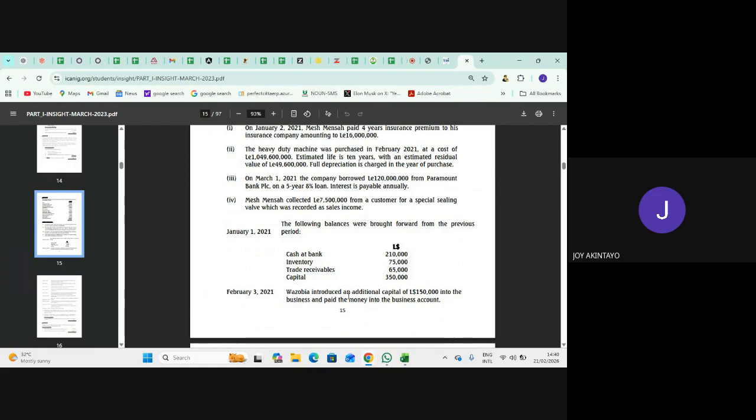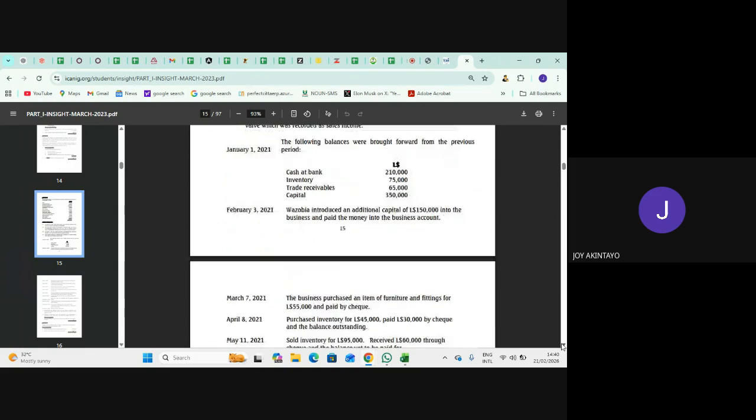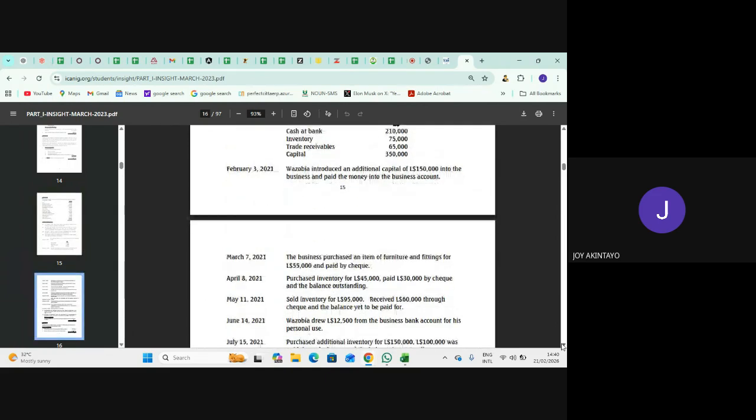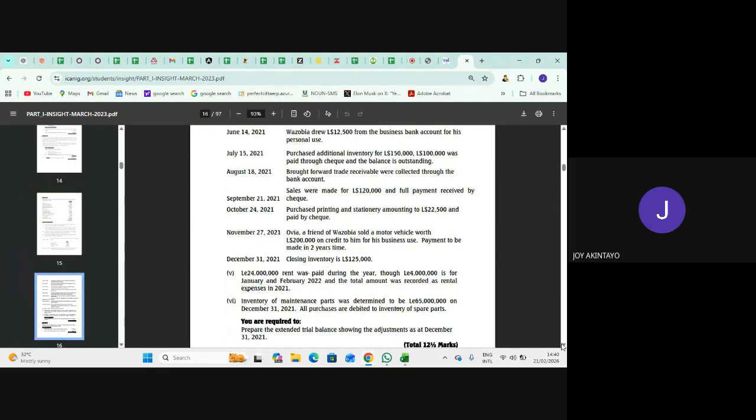Like cash at bank, we are just told about cash, so we don't have the balance at the end of the period.